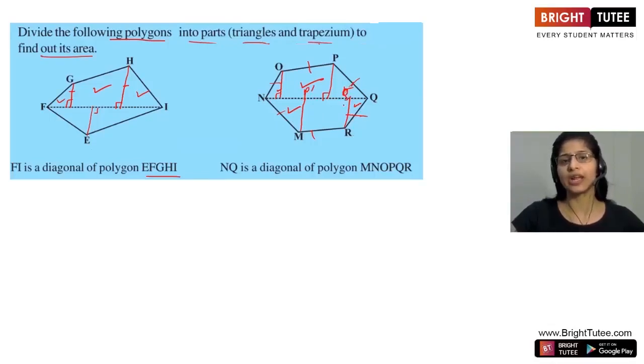So there are 4 triangles and 2 trapeziums that are made in it. So this is how we can divide the given polygon into triangles and trapeziums, by dropping perpendiculars. Okay, now we are going to do some questions through which the concept would be more clear to us. So let us go ahead.